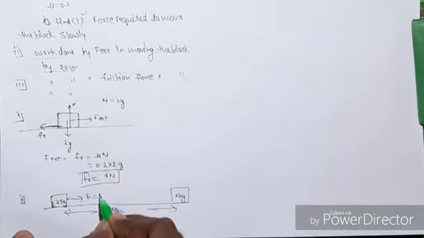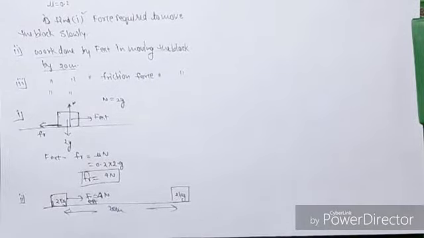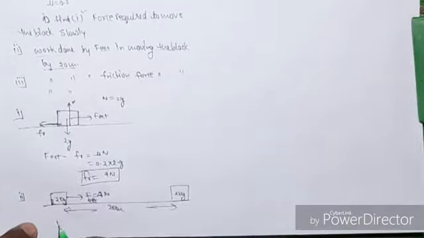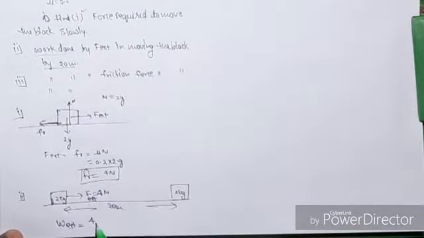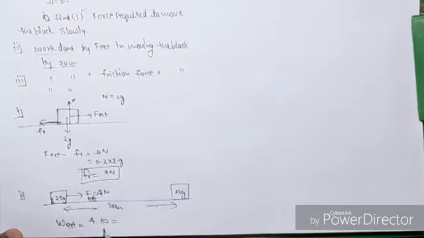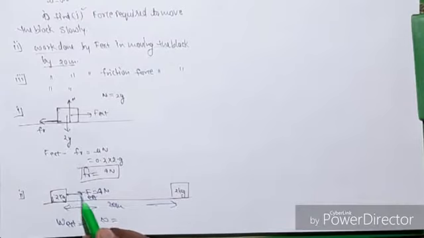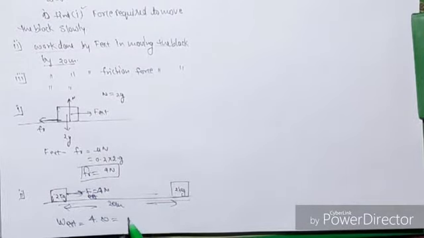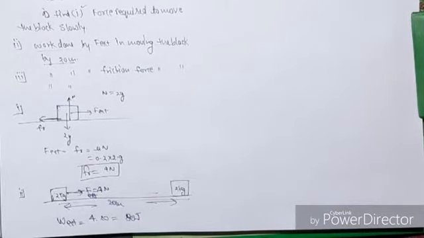This force is equal to 4 Newton. So the work done by this external force is equal to force into displacement, and the angle between force and displacement: the force is acting in this direction and the displacement is also in this direction, so the angle between them is 0, and therefore 80 joule is the work done by the force.